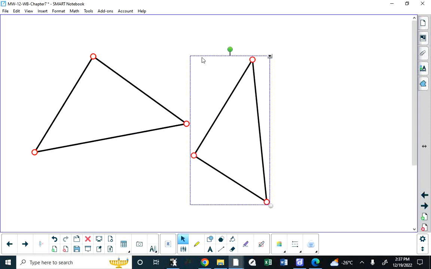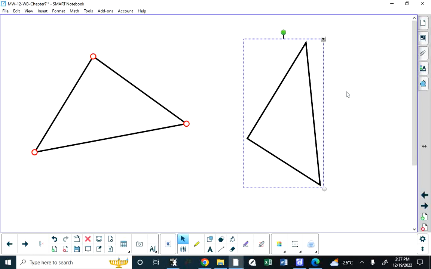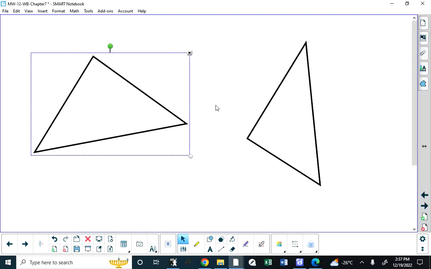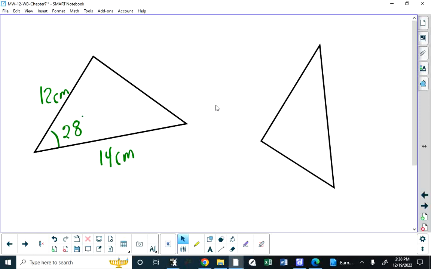Here's another triangle. And I'm going to label some information on these triangles. The first triangle, I'm going to say that this is 12 centimeters. This is 14 centimeters. And that's 28 degrees.